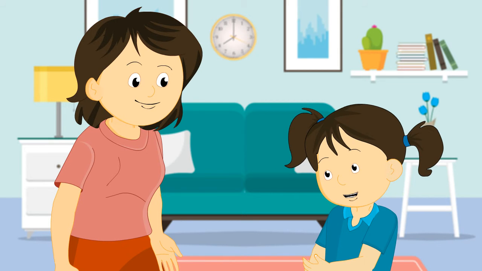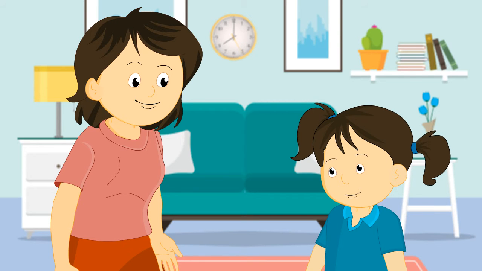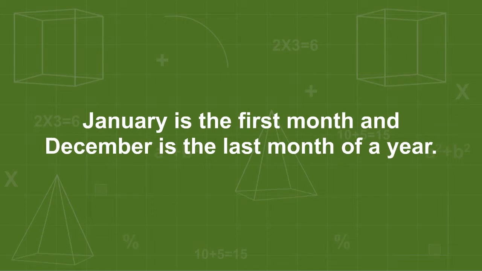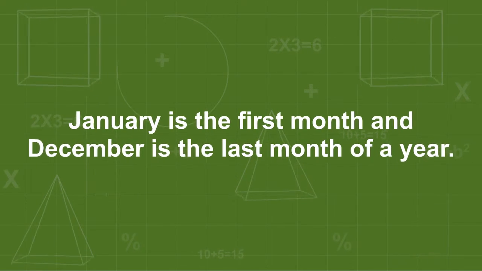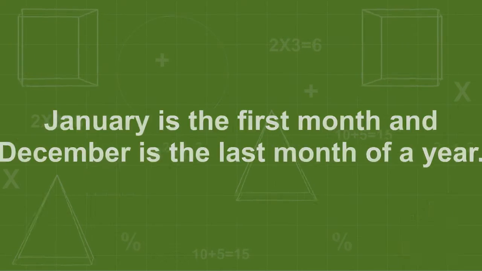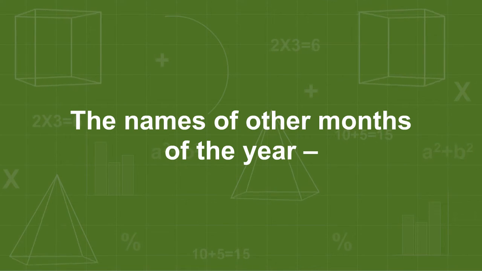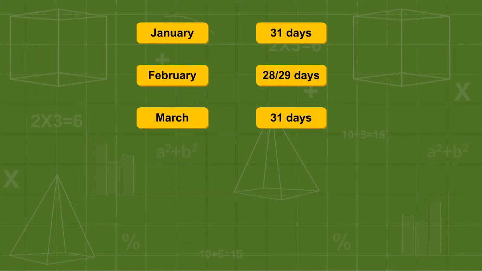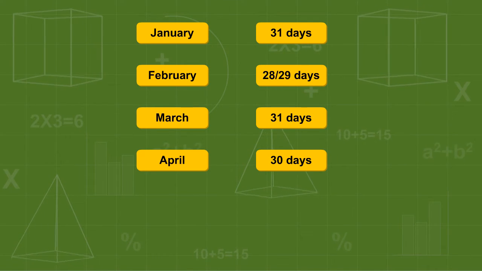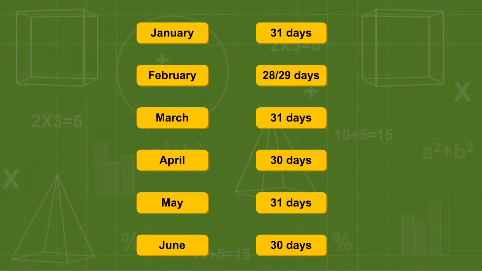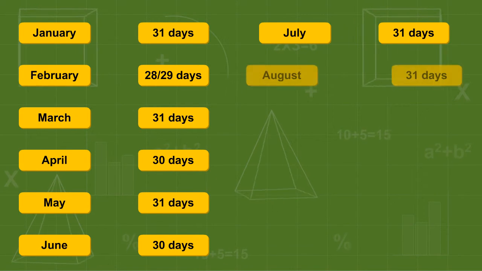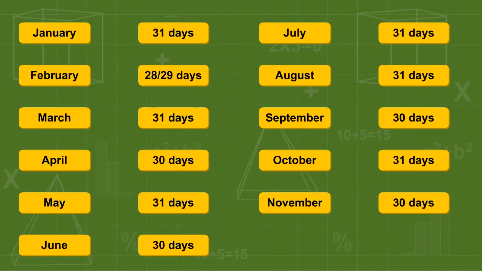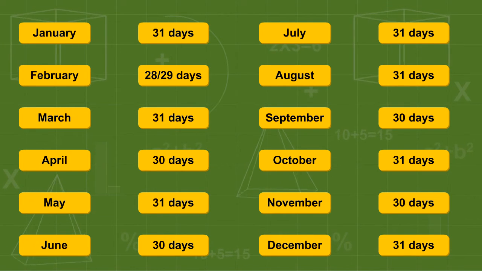Sister, how many months are there in a year? There are 12 months in a year. January is the first month and December is the last month of a year. The names of the months of the year are January, February, March, April, May, June, July, August, September, October, November, December.